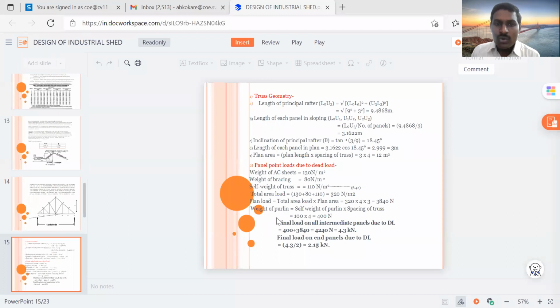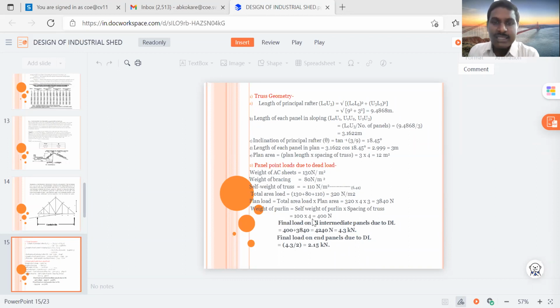But one more load we have to add, that is the weight of purlin. Weight of purlin is given as 100 Newton per meter. Other weights are in Newton per meter square, so we have to add the weight of purlin here. How to calculate weight of purlin in Newton?